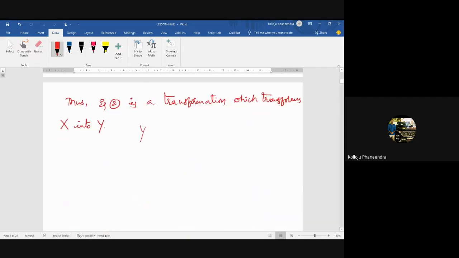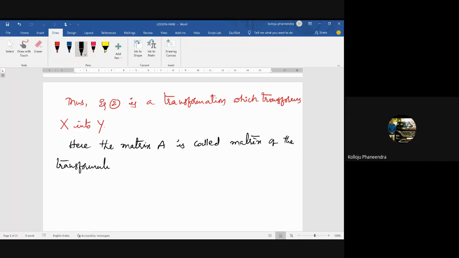Here the matrix A is called the matrix of the transformation.